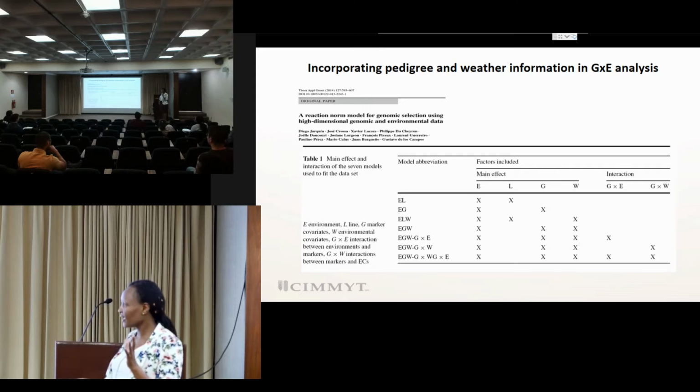I'm sorry, at this point I did not show the exact weather information, but I will do that next time. That's what we asked. We want to see some meaningful or valuable information from this kind of analysis, not only the basic GxE interaction.